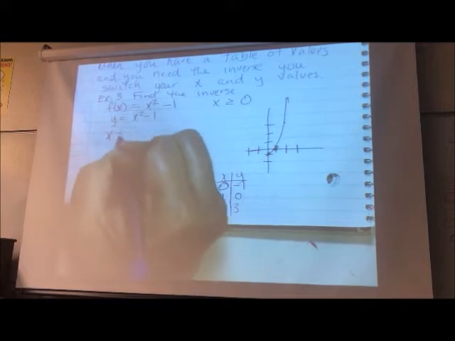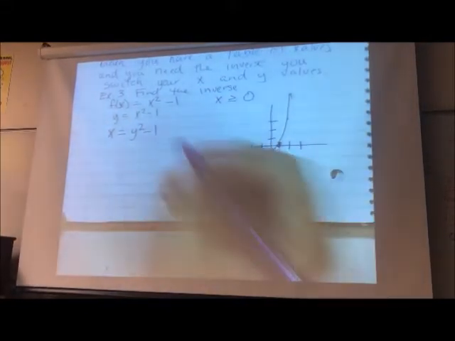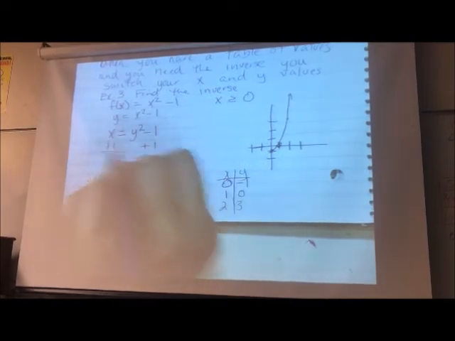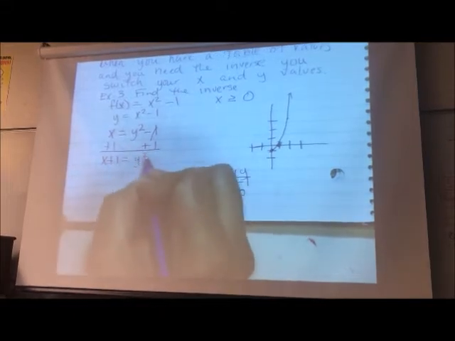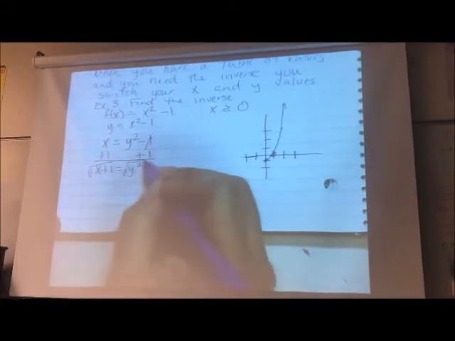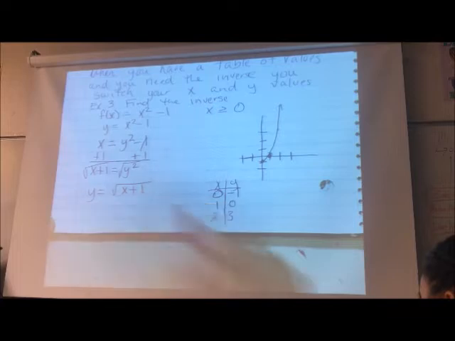Switch the x and y. Very good. So what do I do here? Add 1. X plus 1 equals y squared. And then I must do what? Square root. Take the square root of both sides. So y equals square root of x plus 1.